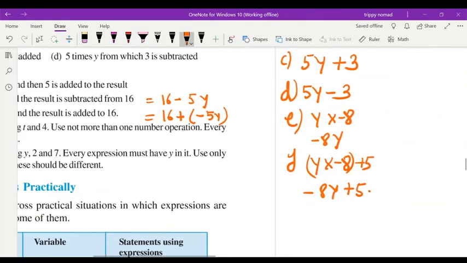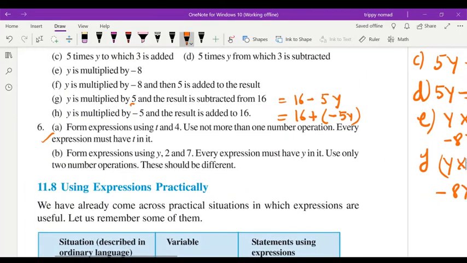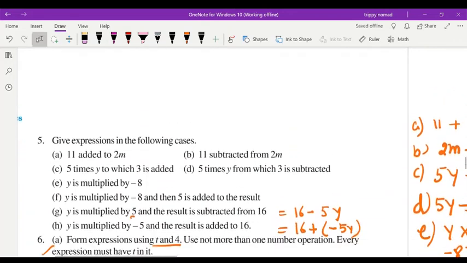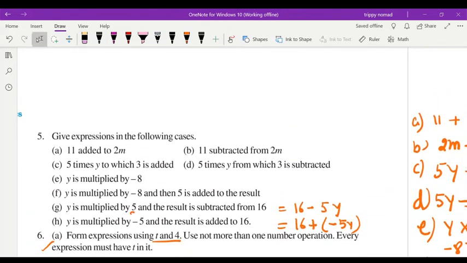Now you yourself have to use these two and make the expressions as we have done in the fifth sum. So I hope you will do it yourself. I have done so many expressions for you in the fifth and fourth questions. So you will complete this exercise.